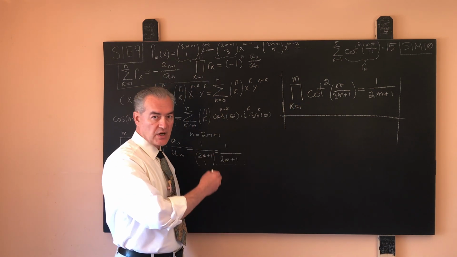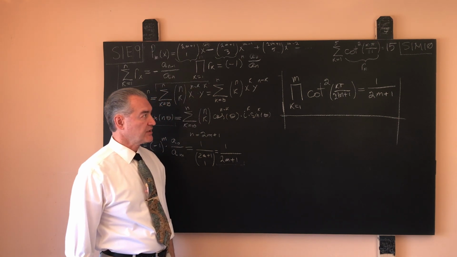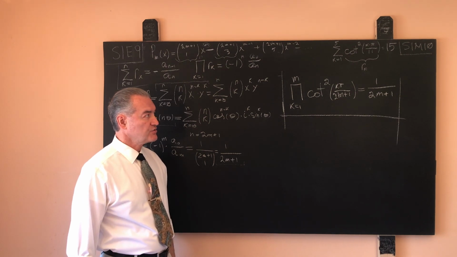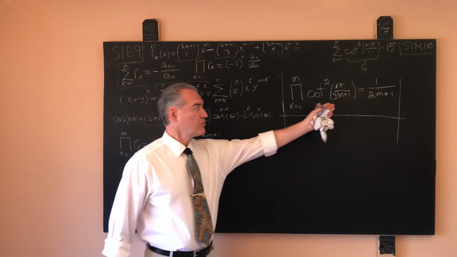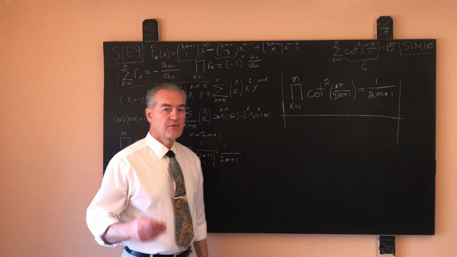So in a product of ratios, certain numerators and denominators can cancel out. So it is still interesting that the product of these real numbers comes out to be a number that is rational.